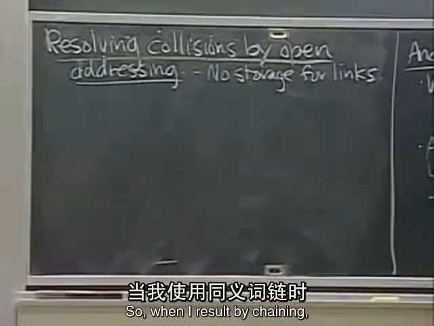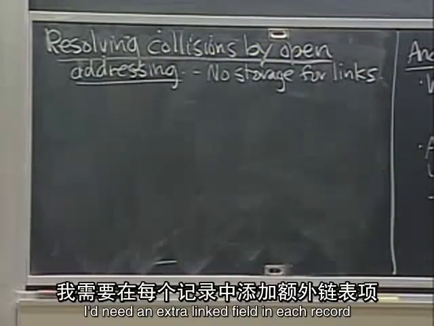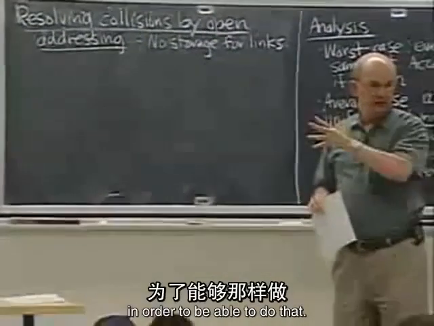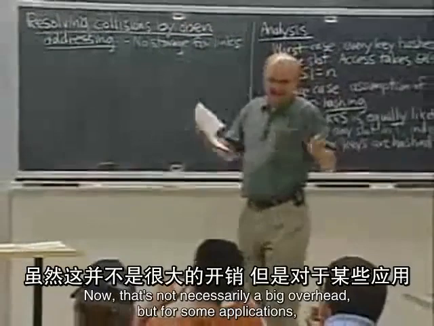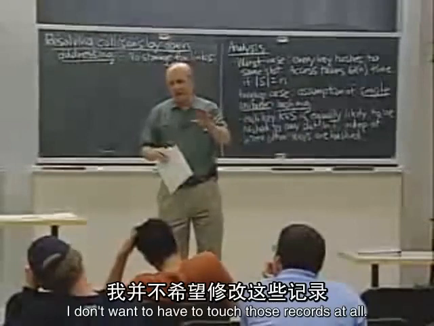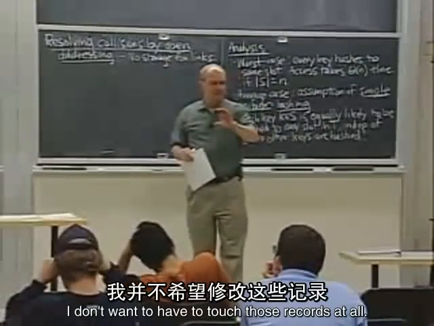When I resolve by chaining, I need an extra link field in each record. That's not necessarily a big overhead, but for some applications, I don't want to have to touch those records at all.